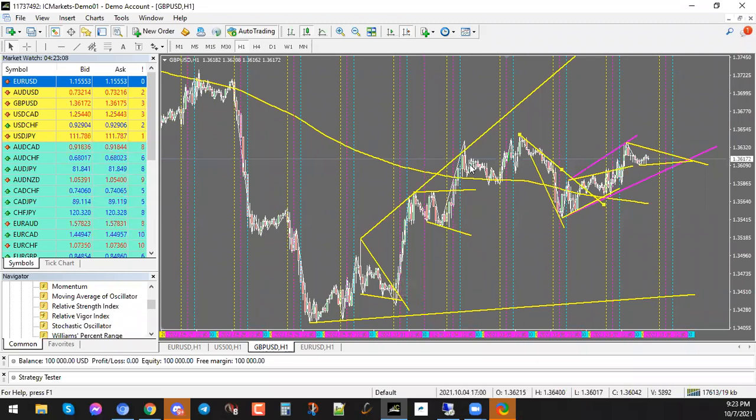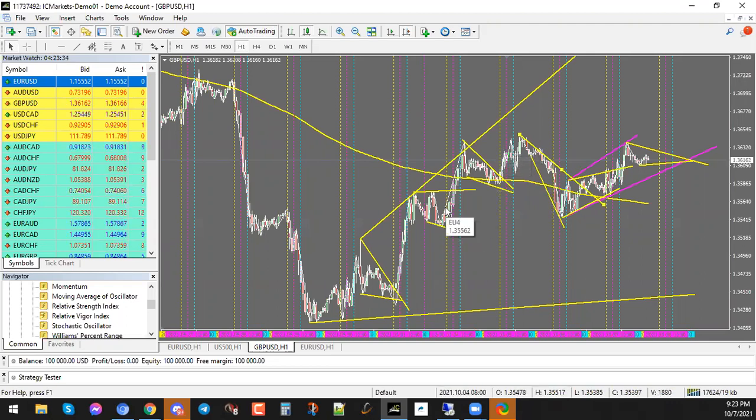We are basically looking in this situation at what looks like a contracting wedge formation right here. And you can see that we get an explosion of price, right? You can see this is a contracting wedge formation, and we did get another explosion of price to the upside.